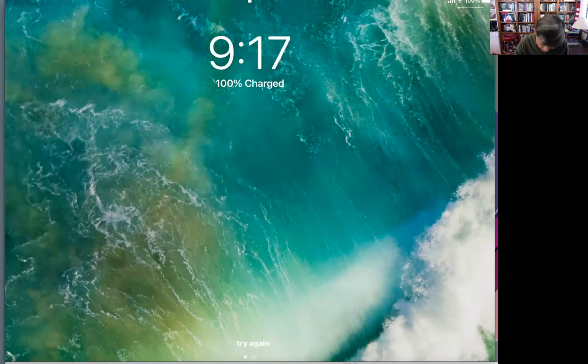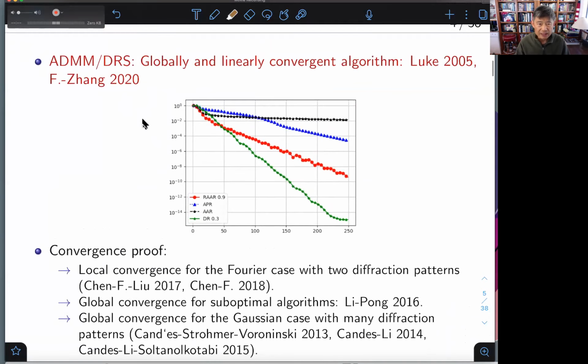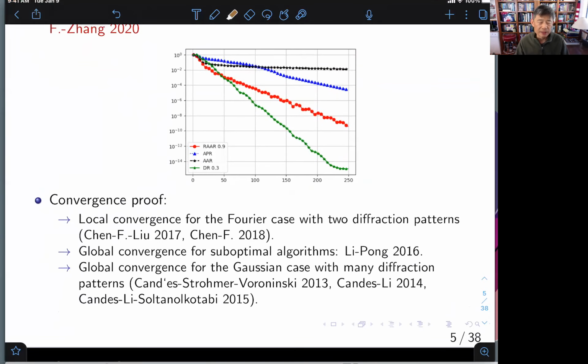Okay, now how about convergence results? Convergence proof of any of these is lacking in the case of diffraction patterns. For example, for the Fourier case with two diffraction patterns, I only know of a local convergence result.